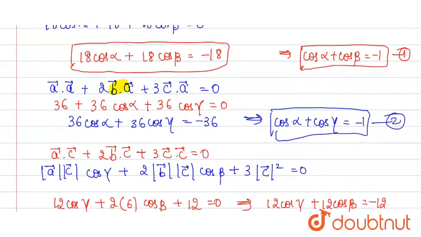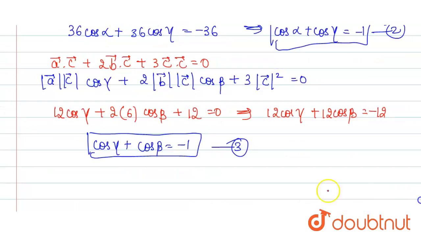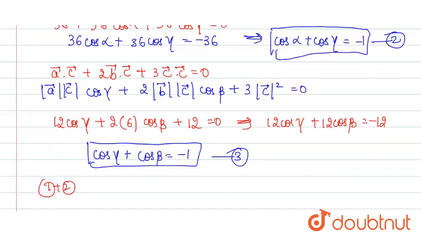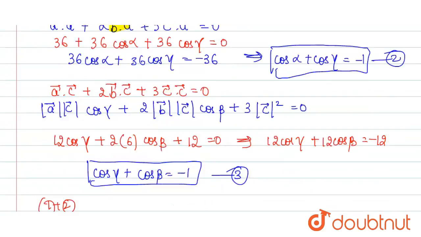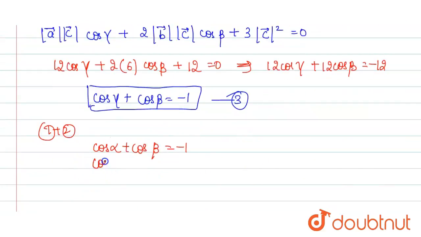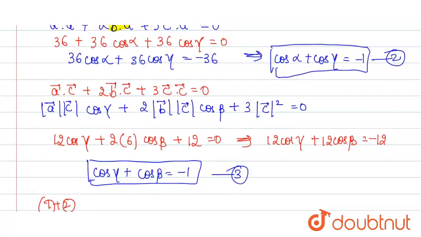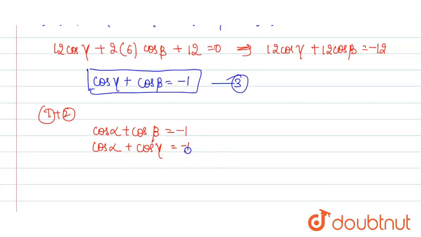So here we have three equations. Now add equations first and second. So the first equation is cos alpha plus cos beta is equal to minus 1, plus cos alpha plus cos gamma is equal to minus 1.